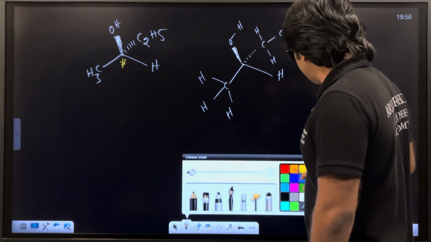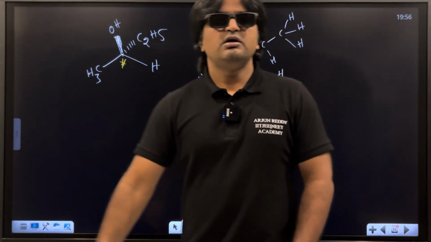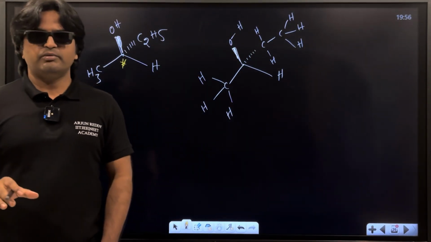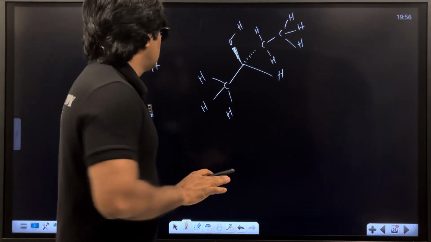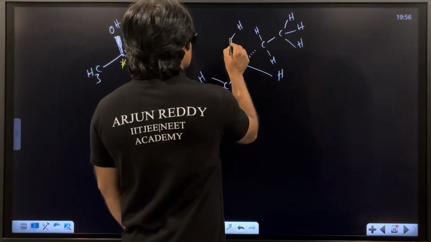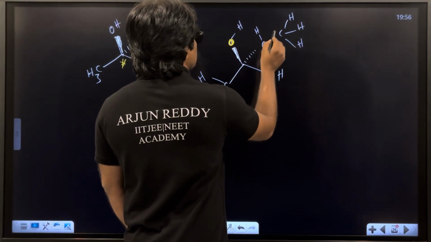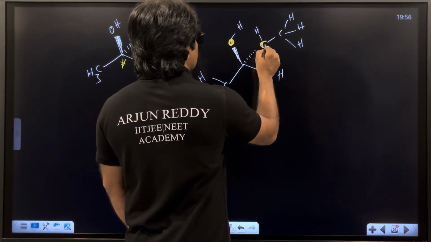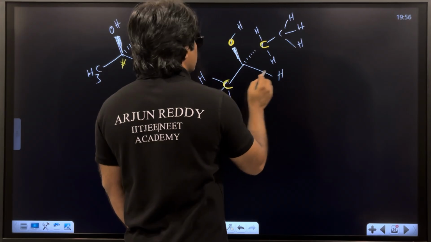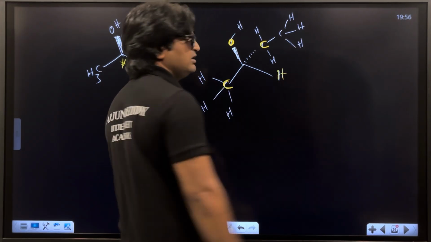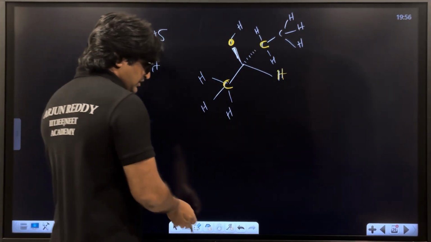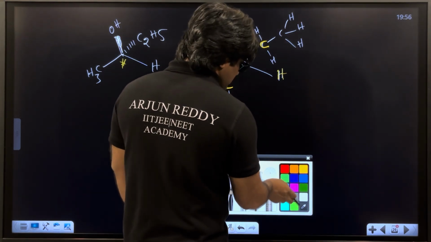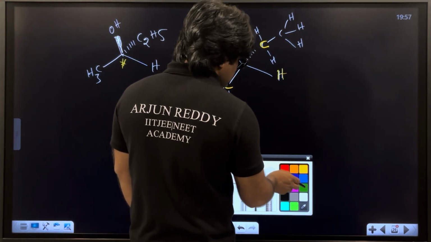How are we providing 1, 2, 3, 4 priorities? We are providing them on the basis of atomic number. What is the first connectivity here? Oxygen. Here first connectivity carbon. Again first connectivity carbon. Here what is the first connectivity? Hydrogen. First of all, on the basis of atomic number, now we can give priorities like this.